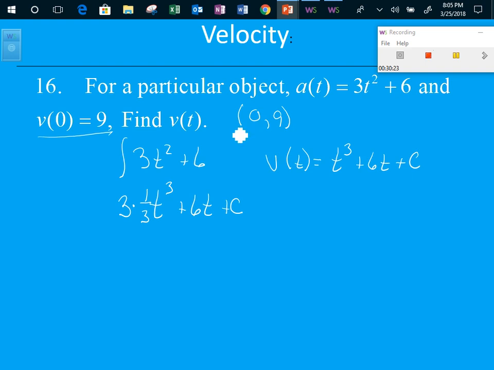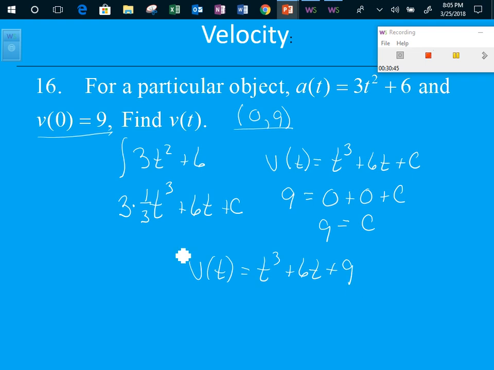Let's use the ordered pair 0, 9. So 9 equal 0 plus 0 plus c, so c must be 9. The final answer, the velocity function is t cubed plus 6t plus 9. And guys, that's how you find a particular solution.